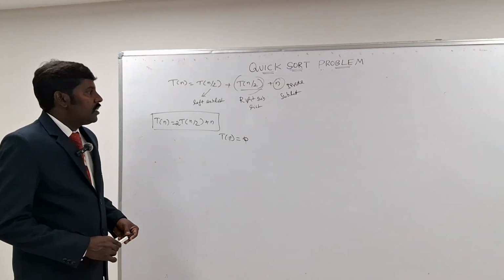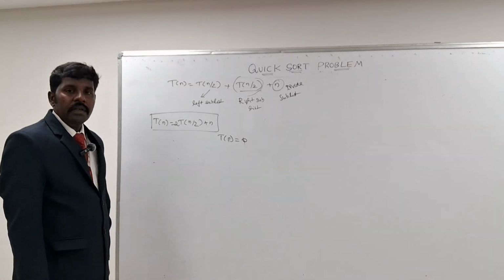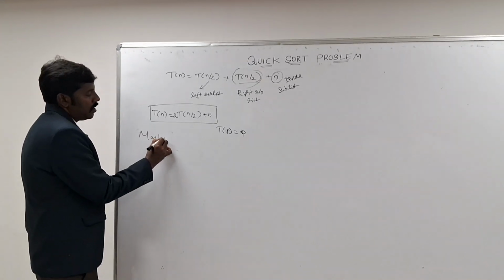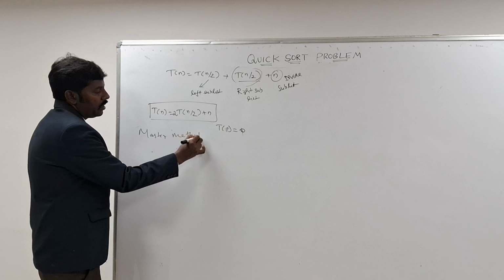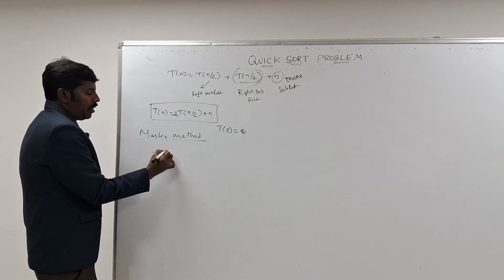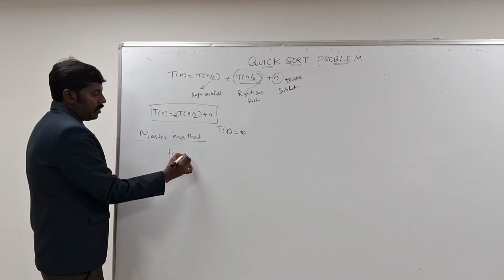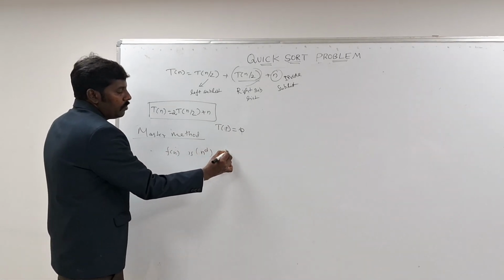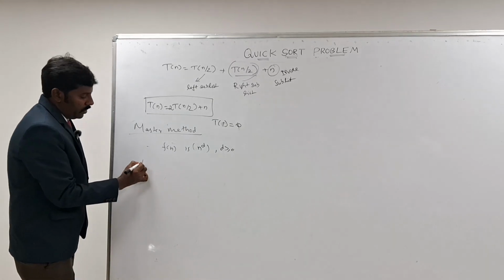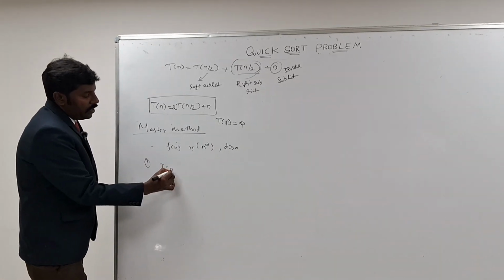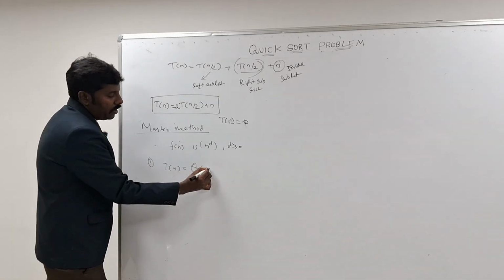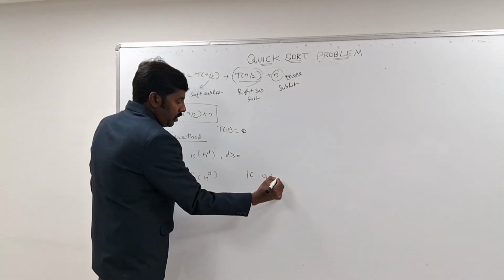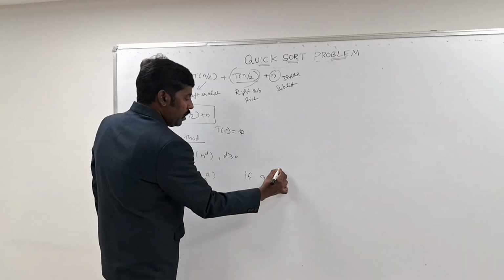Ready? So next you solve the recurrence equation using the master method. If f(n) is n^d, the d value should be greater than or equal to 0, having 3 cases. T(n) = Theta(n^d) if a < b^d.